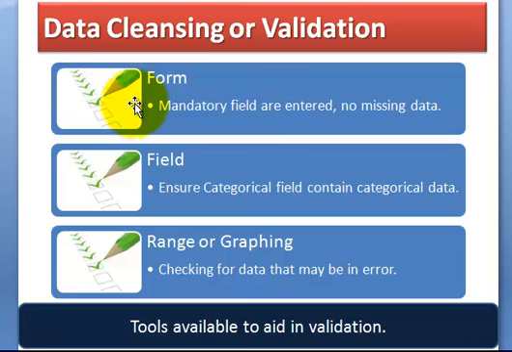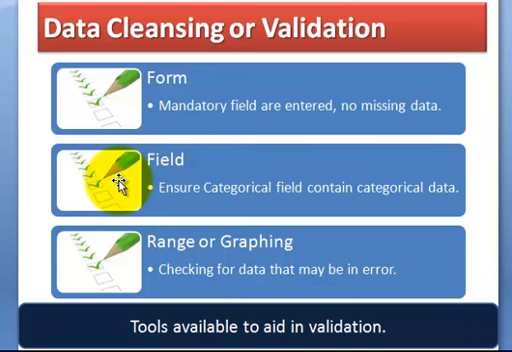But there are a couple of things we want to look for in our data before we can even start analyzing it. First, we want to look at the form of the data. Are all the mandatory fields entered? Lots of programs, such as Excel and others, won't perform the proper analysis if there's missing data and missing fields. So we've got to make sure, from a form perspective, any missing data we've accounted for or eliminated, and where we have mandatory fields, there are entries.